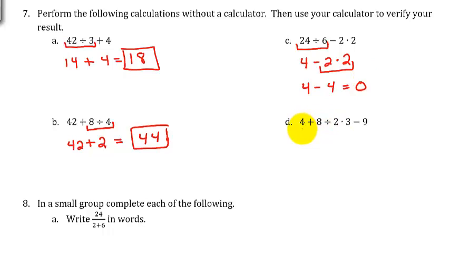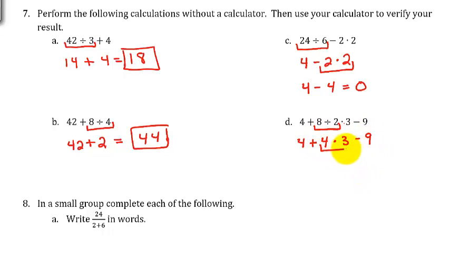And our last one here, we have 4 plus 8 divided by 2 times 3 minus 9. And so again, multiplication and division come before addition and subtraction, but we need to do them as we see them, working from left to right. So you have to do the division first, and 8 divided by 2 is 4. And then we have times 3 and minus 9.